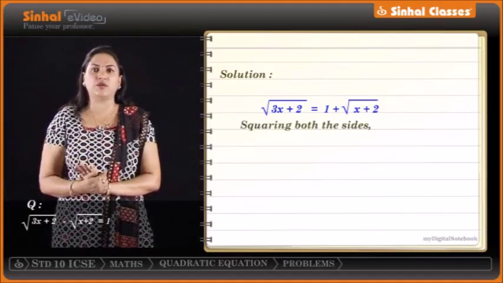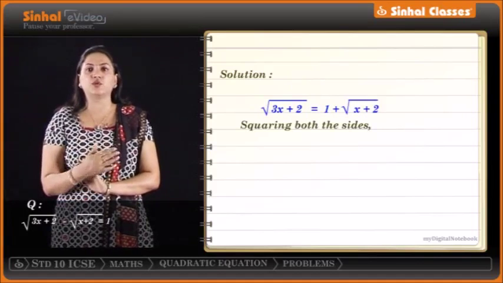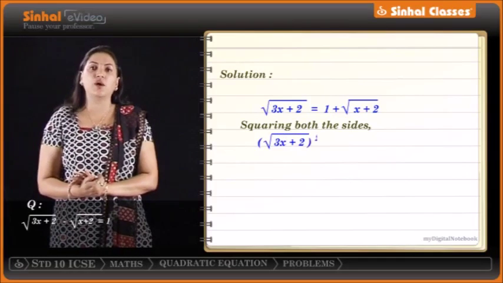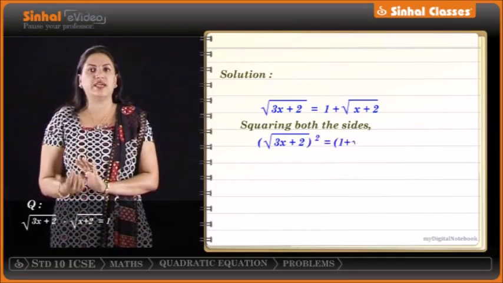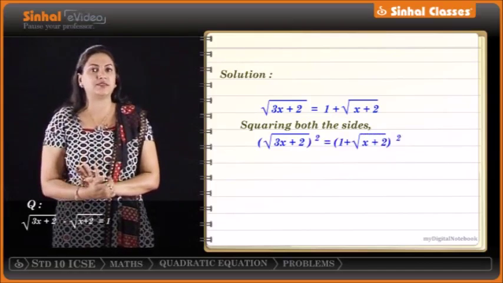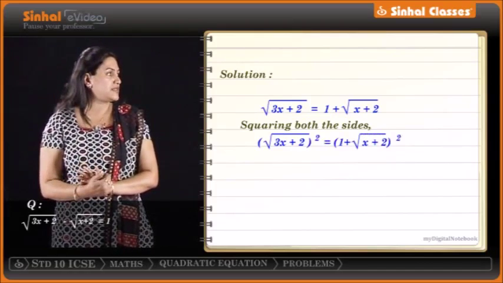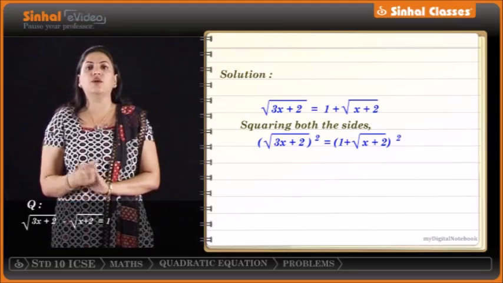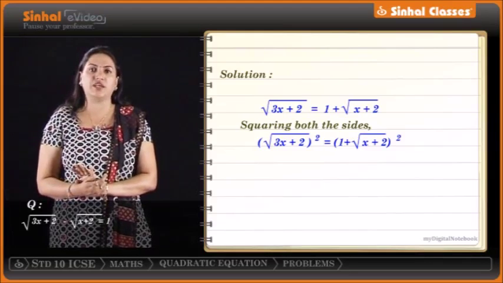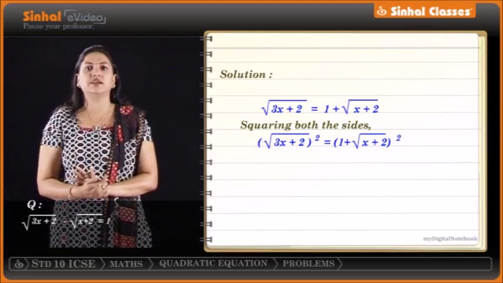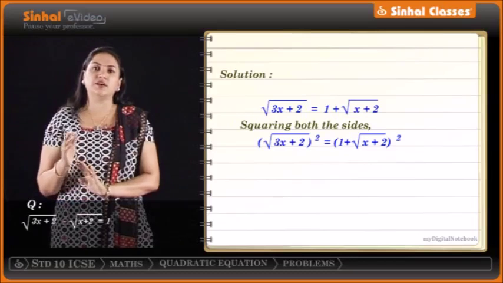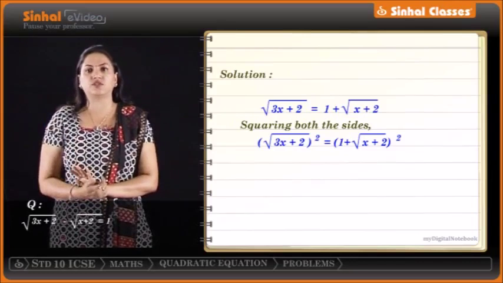Now we square both the sides. We get root 3x plus 2, the whole square is equal to 1 plus root x plus 2, the whole square. Now take their squares. We get 3x plus 2 is equal to, on the right we have a plus b the whole square type. So we get 1 plus 2 into root x plus 2 plus root x plus 2 the whole square.